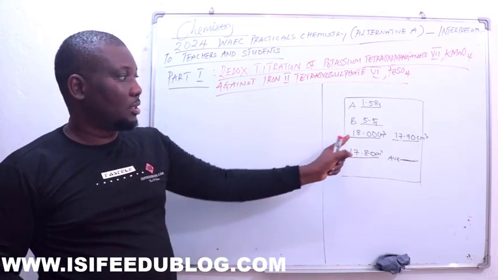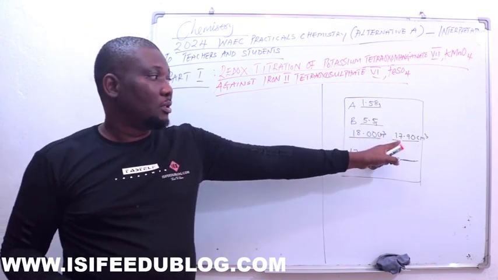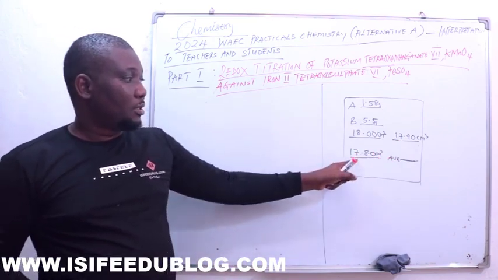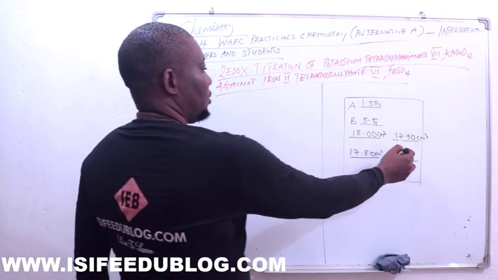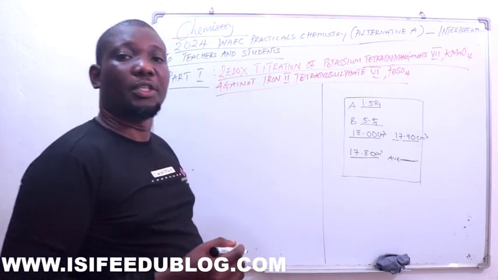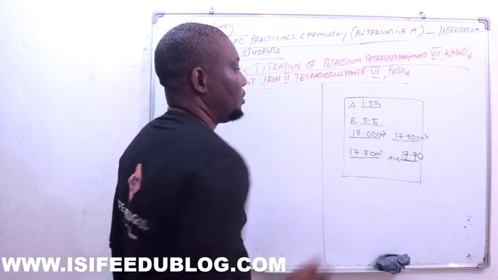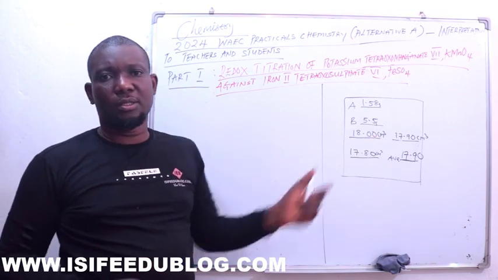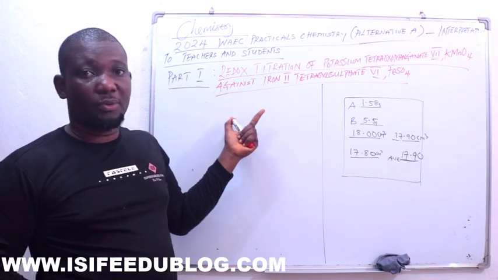For instance, the teacher had the first experiment, supposing it's 18.00, then 17.90, that is in two decimal places, 17.80, also in two decimal places. The average is 17.90.